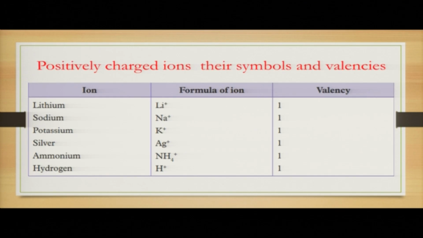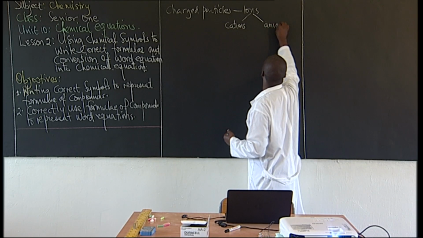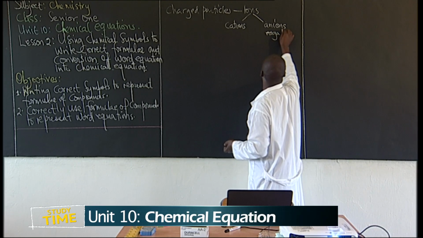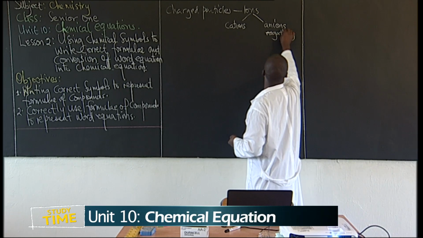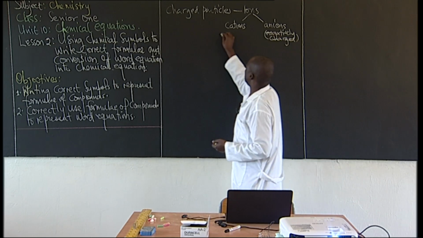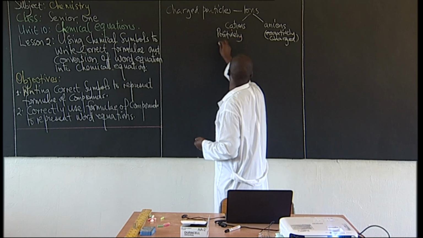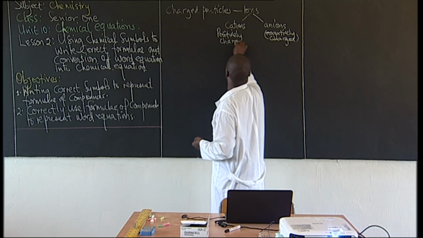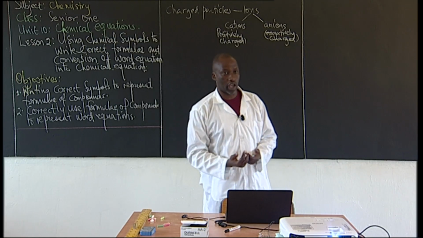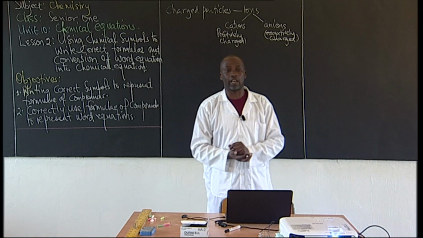We have the cations and we have the anions, where the anions are negatively charged, whereas the cations are positively charged. So that is very important to remember, positively charged ions. So those are the two types of the ions that we have. So we're just going to look at the symbols and then their valences.